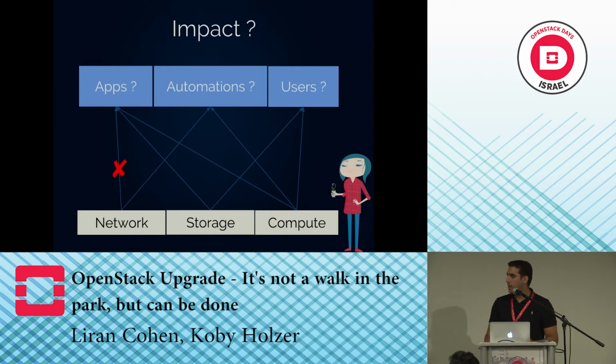When I'm saying end users, it's your tenants. You need to work with them closely to plan the upgrade, so they will have time to get prepared with their tools and solutions, so they will be able to work after you upgrade your cloud in production.